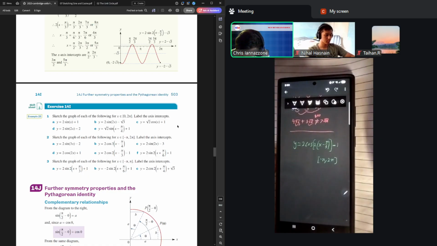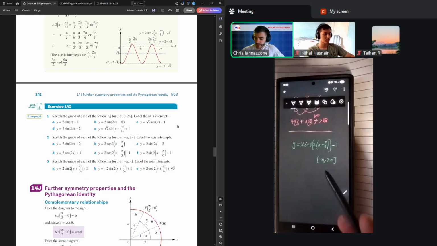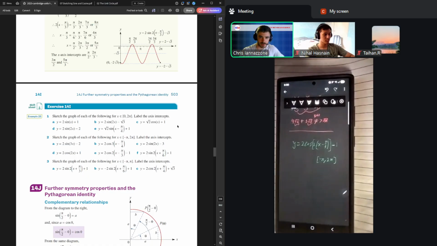Just worth pointing out, in an exam or SAC, you've never had to sketch more than 1 cycle worth of the circular function. I'm saying that because I'm noticing this domain is many times more than the period. The period of this one, well, we'll find out once we go through it, but this is several cycles, whereas when you're actually in the real exam or SAC, you only ever have to do 1 cycle.